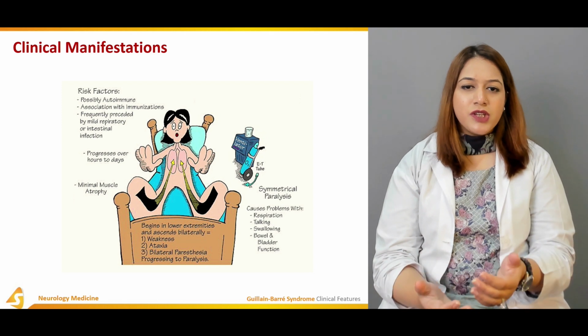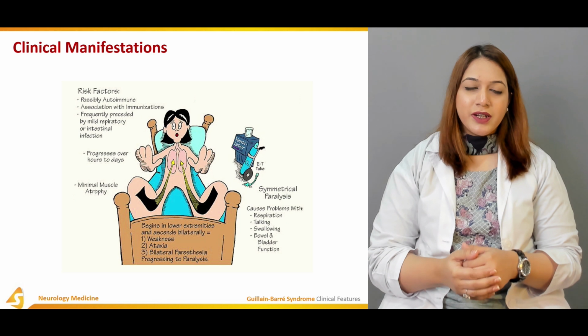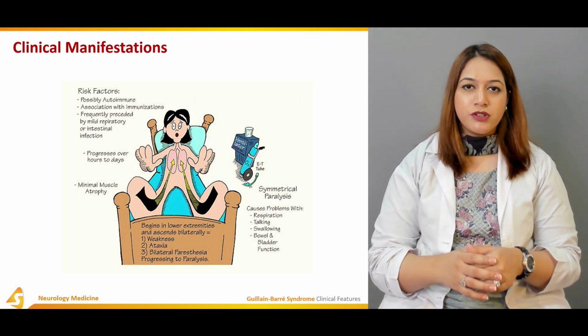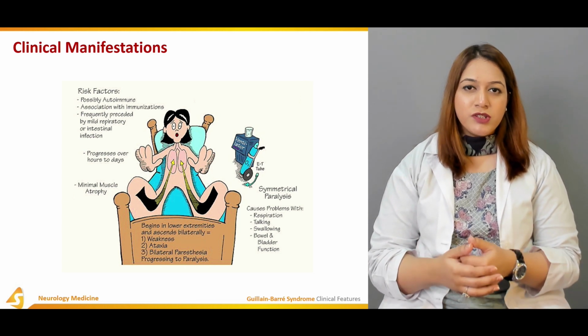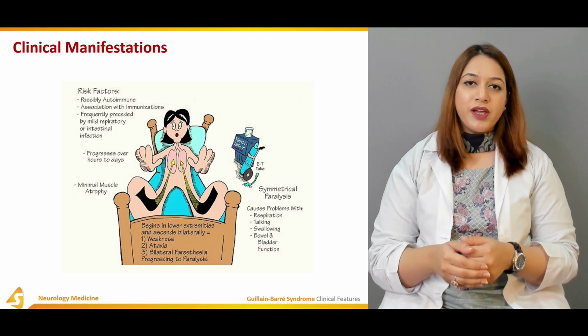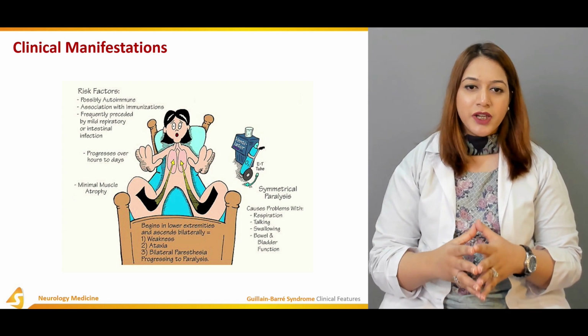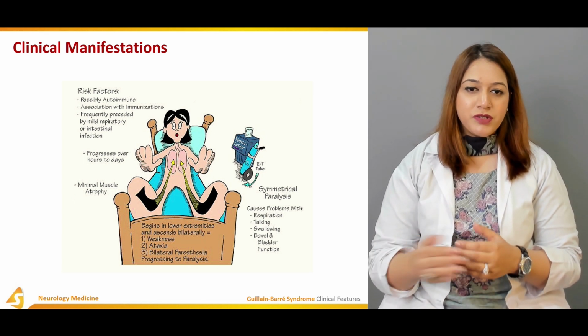It has association with immunizations, as we have already discussed, like certain vaccinations, swine influenza vaccination, and the recent influenza vaccination that we use nowadays. And other than that, we have meningococcal vaccination. So all these vaccinations are associated with an increased risk of GB syndrome.